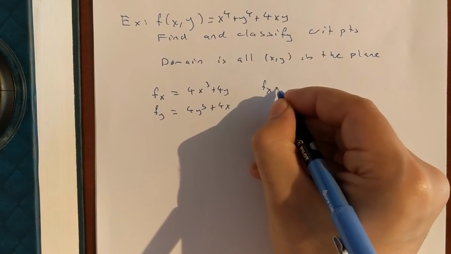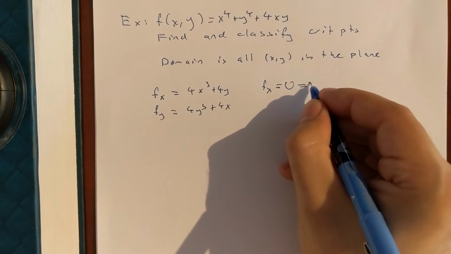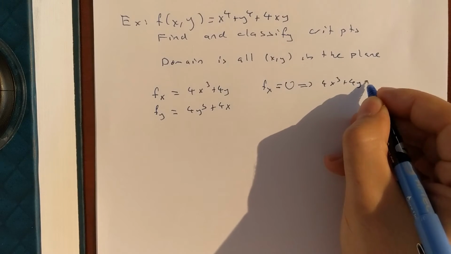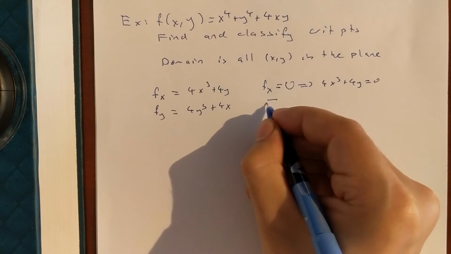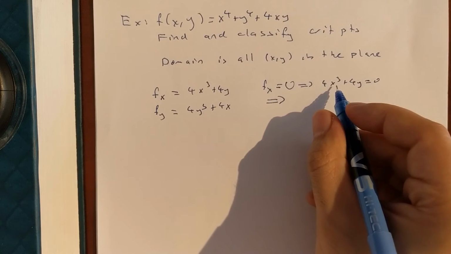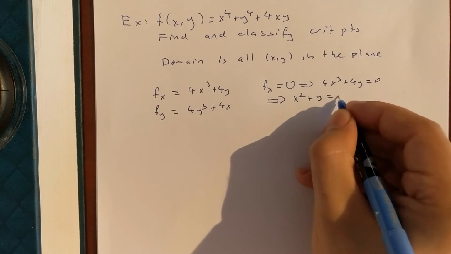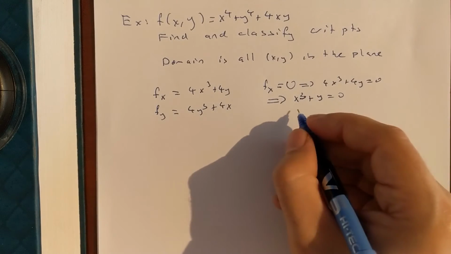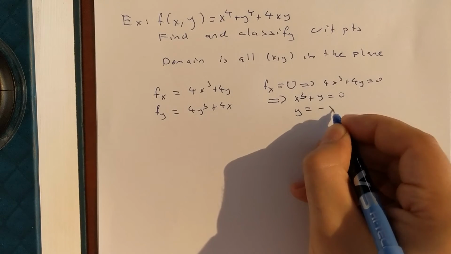Okay, so now let's work this out. F sub x equals 0 implies 4x cubed plus 4y equals 0. Let's get rid of the 4. We have x cubed plus y equals 0. So we have y is equal to minus x cubed.